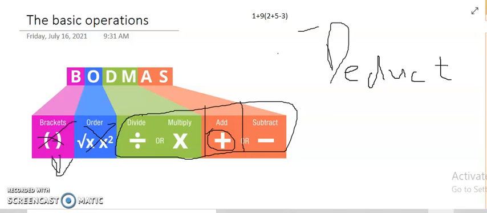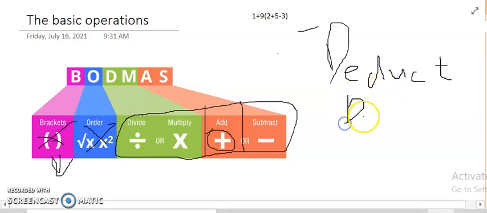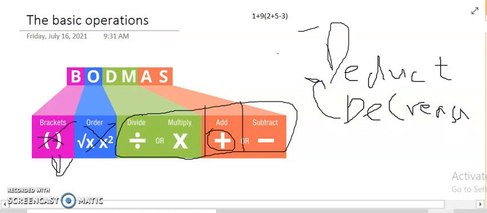Go ahead, Mrs. Margaret. And there's also decrease. Decrease also refers to deduct, so it's basically the same thing. I think that's all I remember.